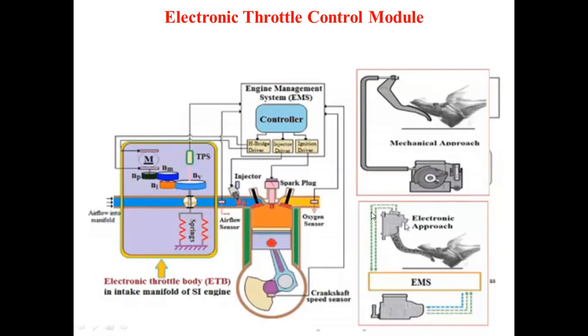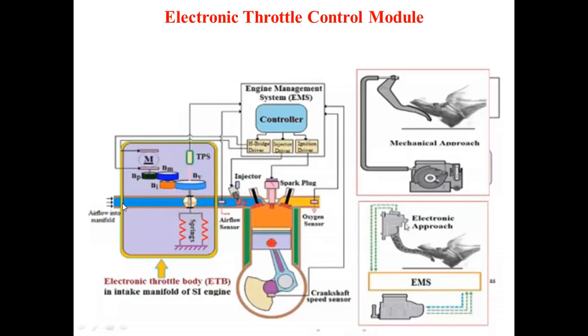Here you are taking the information at what angle you are pressing, and corresponding to that angle you are making the software calculation, that is, with respect to the angle of opening, how the fuel injection and ignition will be set. Here again you are getting the oxygen sensor, spark plug, injector.